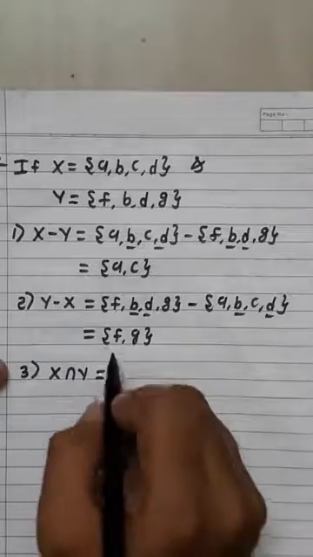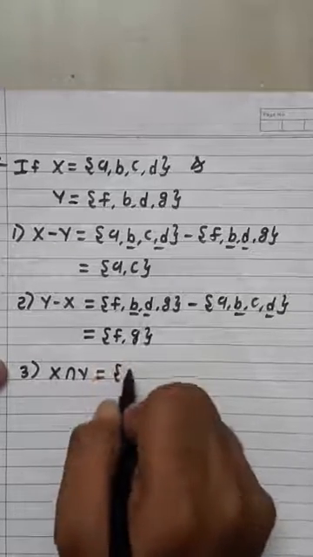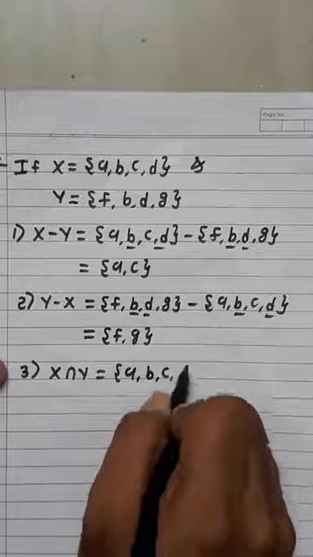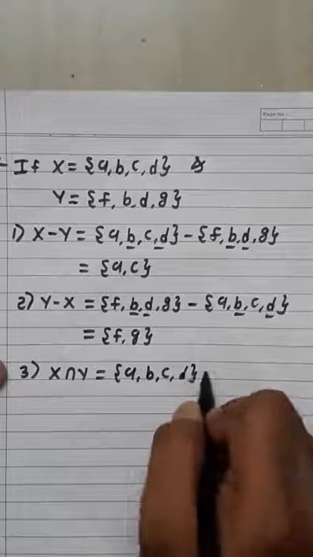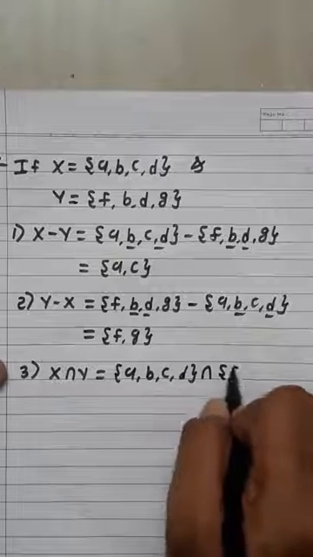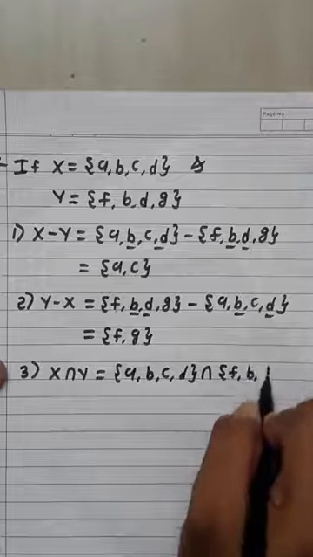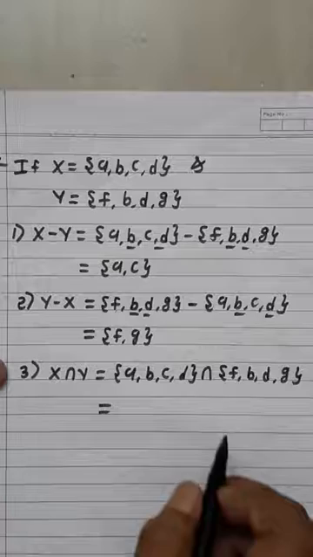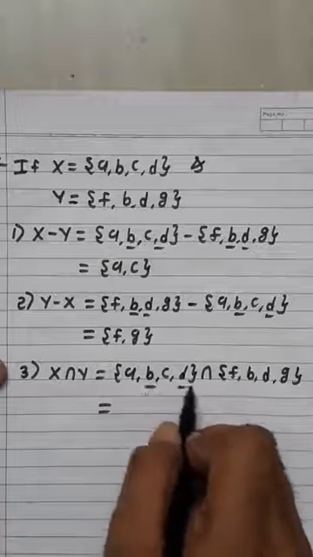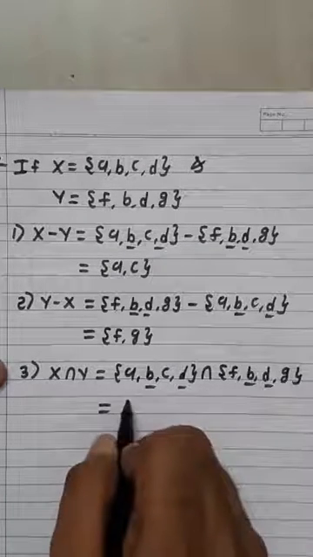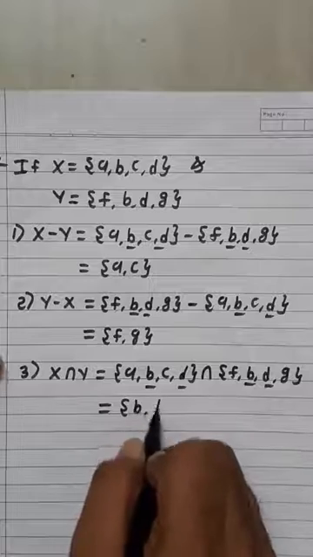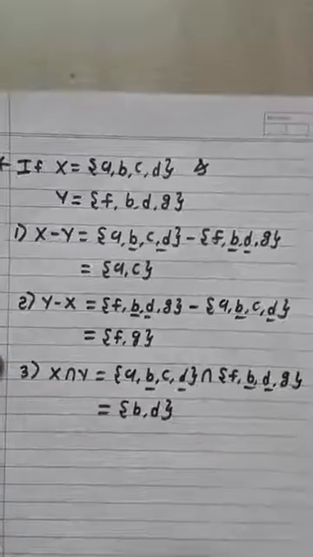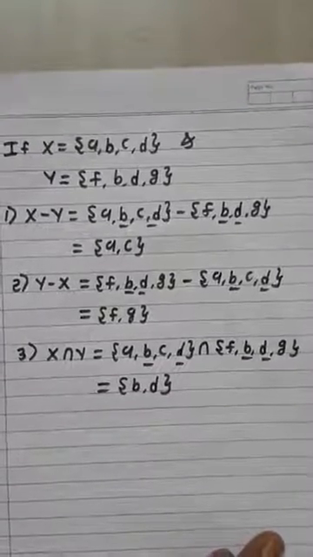So X intersection Y, first we write A, B, C, D, intersection Y, which is F, B, D, G. Now which elements are common in both the sets? Here B and D are common in both the sets. So the answer is set of B, D. Okay.